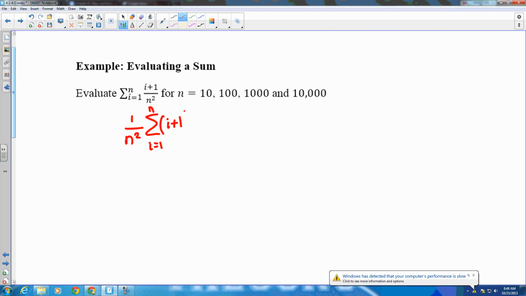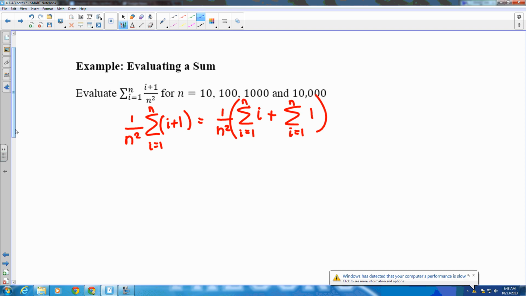Okay, so let's go ahead and we can also separate the sum of i and the sum of 1. Because as we could see from our summation formulas, whatever that constant is, your answer is just going to be n.